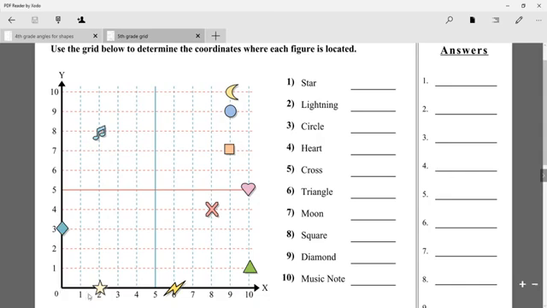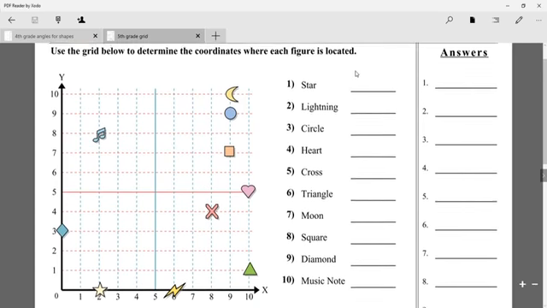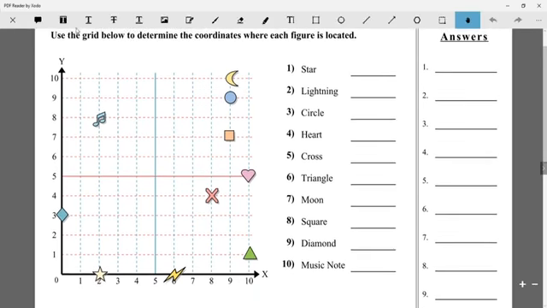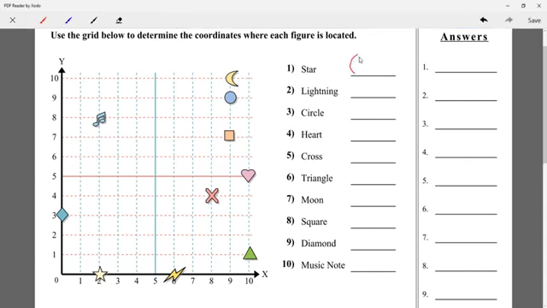It's right on this 0 line on the y coordinate. So I would write the star as, in parentheses, 2, comma, 0, because the x always goes first. So it would be 2, because it's 2 on the x-axis, 0 on the y-axis.